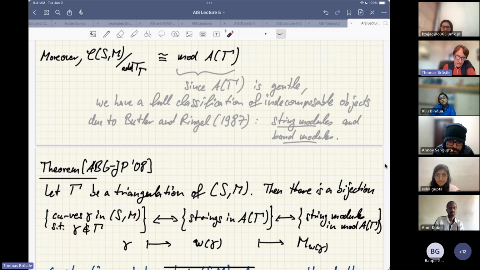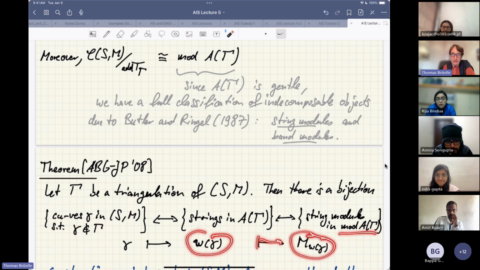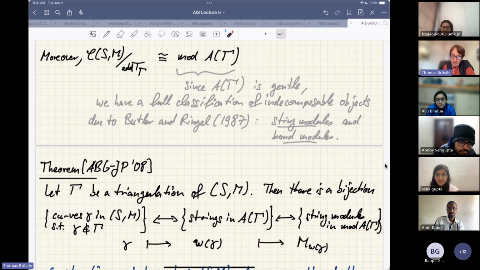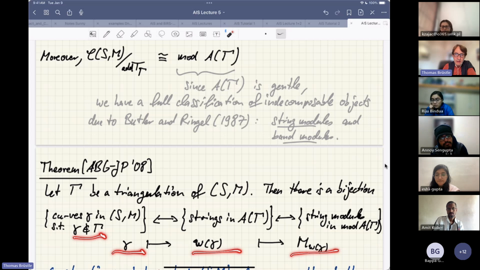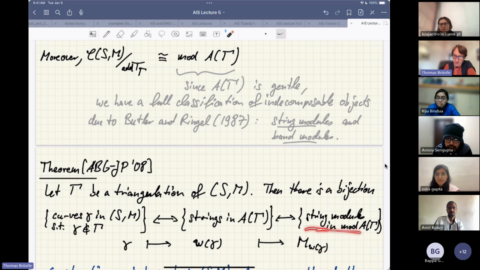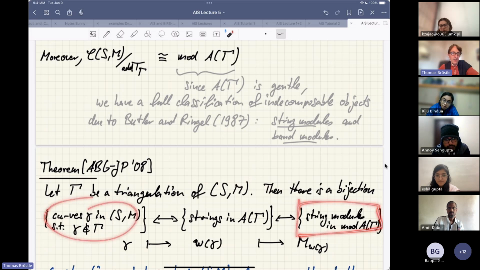And on the other side, such a string gives rise to a string module, an indecomposable module over this algebra. So there's a bijection between the indecomposable string modules, strings, and curves in the surface that do not belong to the original triangulation. Okay? For me, this is the start of a geometric realization. Those string modules are tied to actual curves in the surface. So that's a geometric realization of that category.